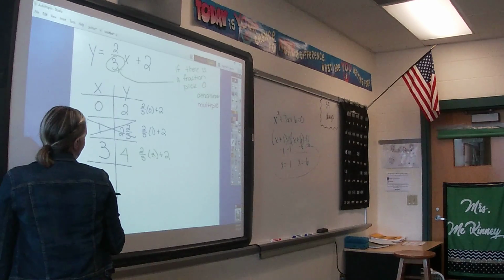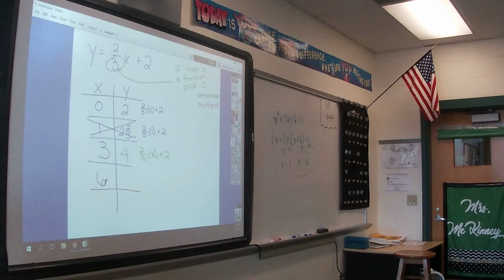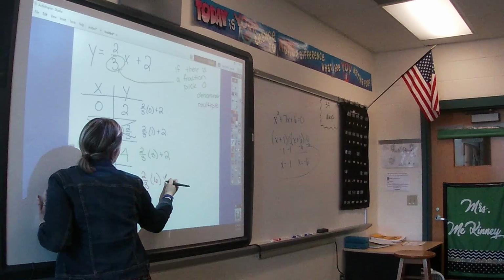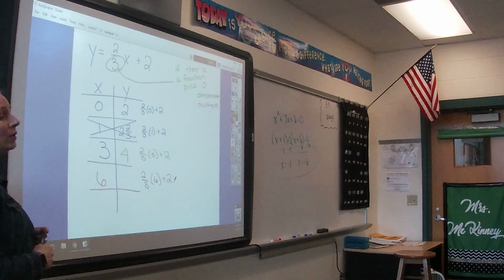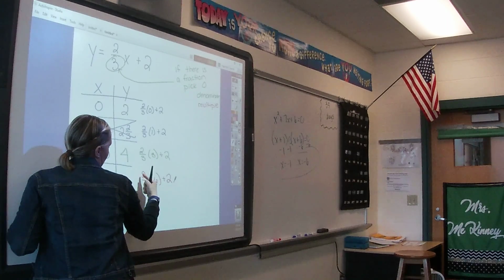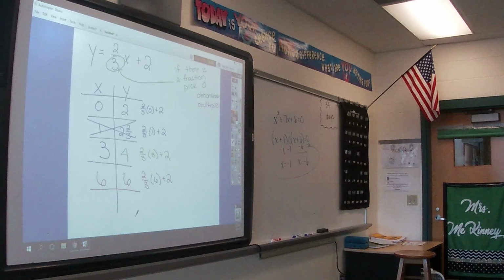Okay, so what might we want to pick next? 6. Most of my students avoid negatives if they can. You could pick -3. Pick -6. So 2/3 times 6 plus 2. Again, you could use your calculator. 6. We have 3 points.